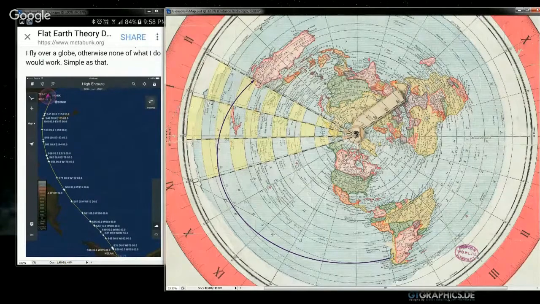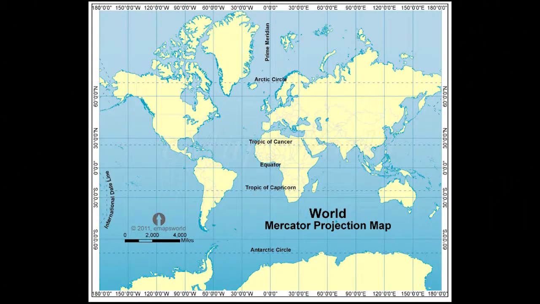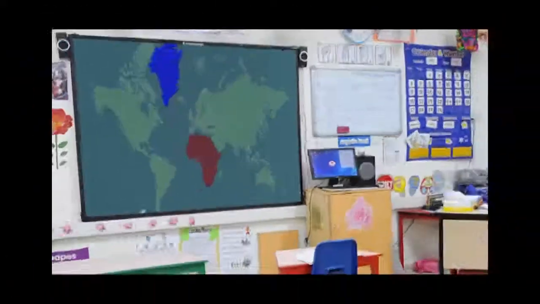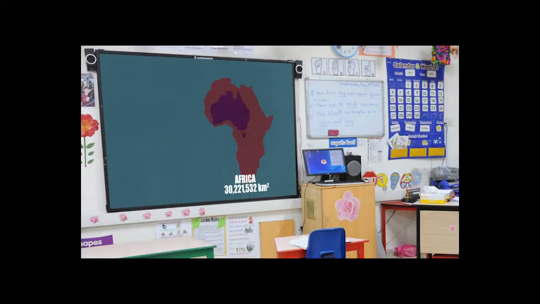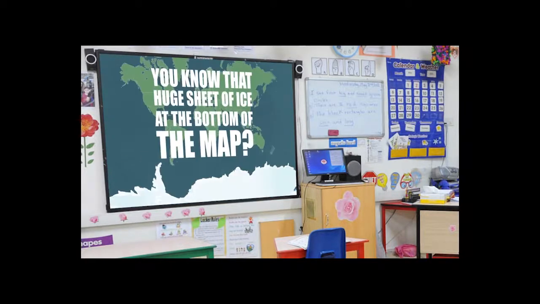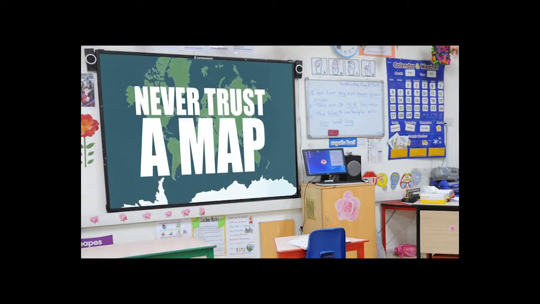I mean, this one at least shows Greenland at its appropriate size compared to Africa, as opposed to the Mercator map that shows Greenland about the same size as Africa. And again, if you haven't seen my video that we can't trust maps, check that one out too, because all the ball Earth maps that have been created on a flat plane are completely distorted for various reasons also.